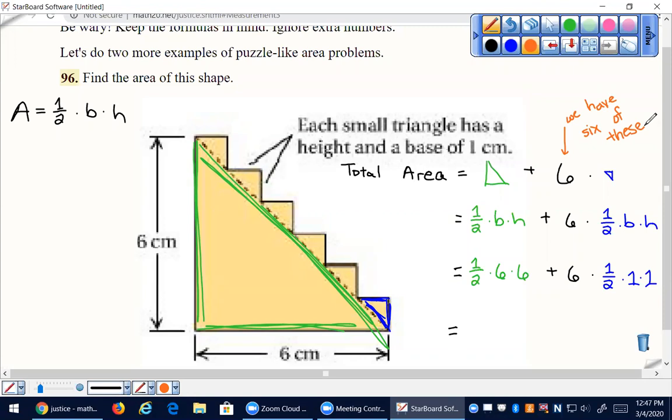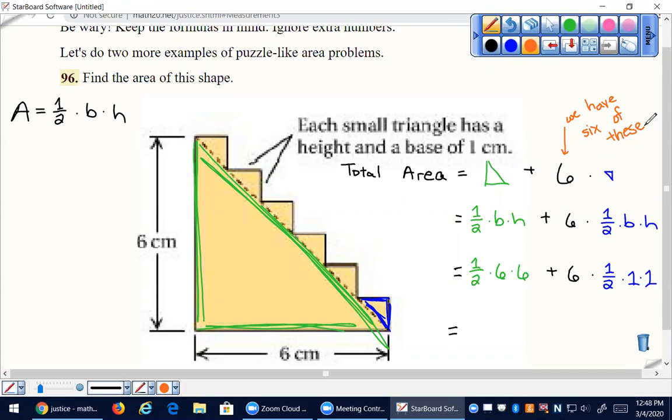Half the base times the height plus 6. I thought it was half the base, and then length and width. There's no length and width because I have no rectangles. It's the big triangle plus 6 of the little triangles. A big shape plus 6 little shapes.